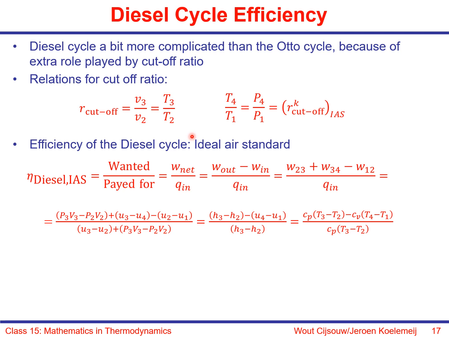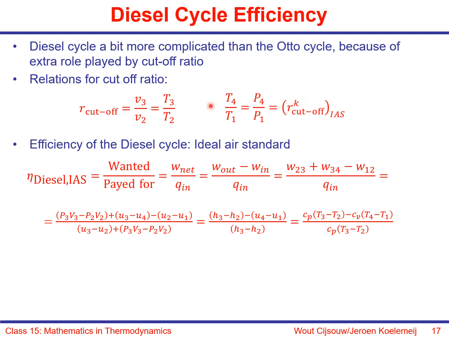Okay. Well, as a matter of fact, we can write the ratio T4 to T1 in terms of pressures and in terms of this cutoff ratio, but this time to the power k. And remember that k is the ratio of Cp to Cv.